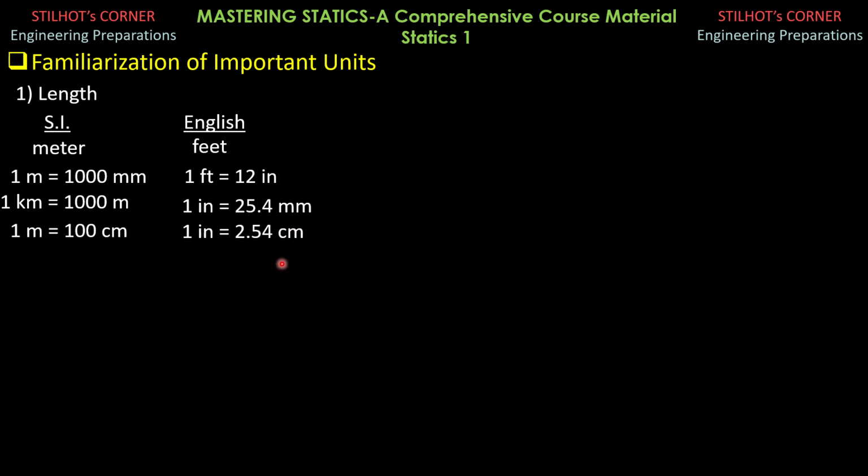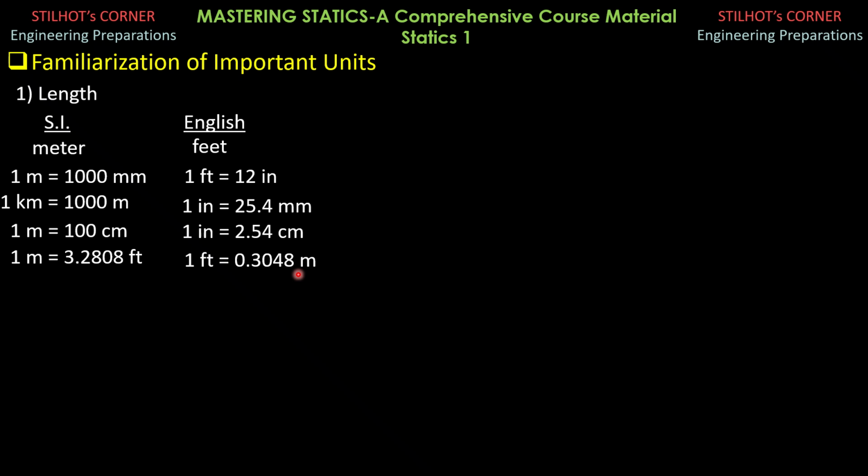That means 1 centimeter is 10 millimeters. 1 meter is also 3.2808 feet. And you can also make this 3.281 feet, 1 meter, if you want. And 1 foot is equivalent to 0.3048 meter.